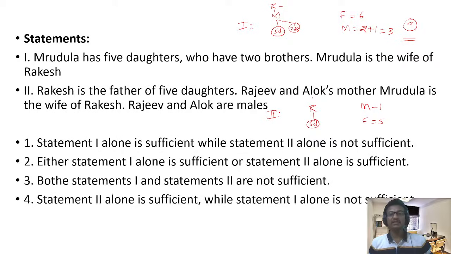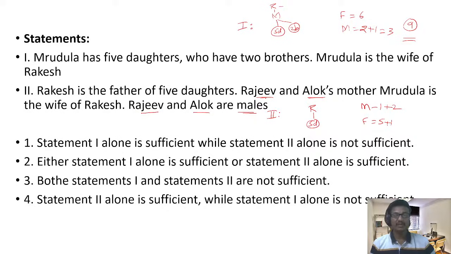So Mrudula is mother of Rajiv and Alok. So Mrudula is one more female here. But Rajiv and Alok's gender is not specified. But here it says Rajiv and Alok are males. So that means Rajiv and Alok are 2 males here.